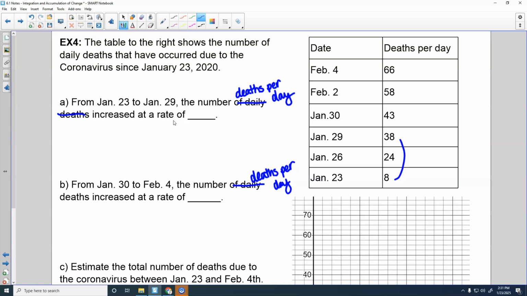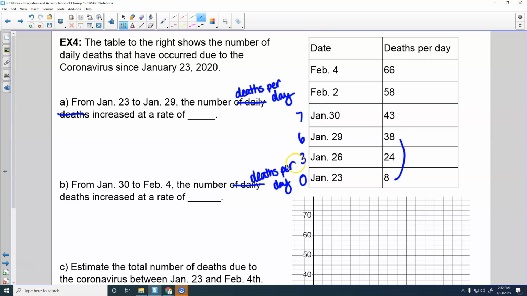Now it's asking us for a slope, right? The first thing I would do is put these in not as the numbers of the days, because we'll be able to answer A just fine, but B's not going to work because we switched months. So I would let this day right here be 0. If 23 is 0, then 24, 25, 26 would be 3, and 27, 28, 29 would be 6.